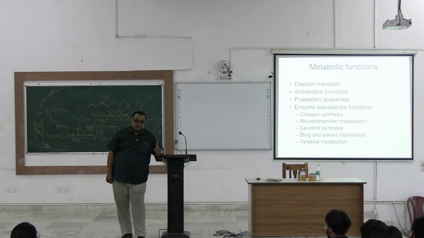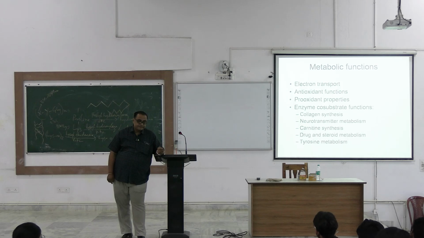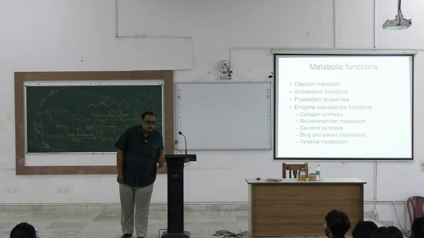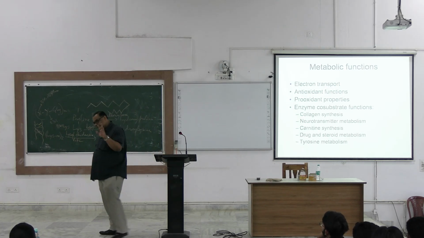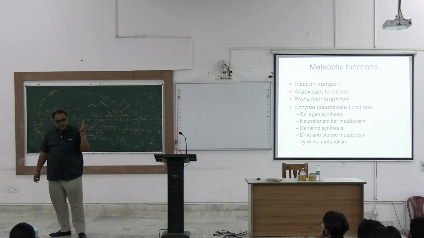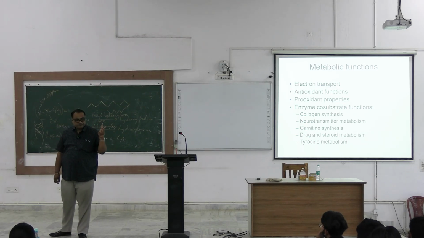Phenylalanine hydroxylase. What is the name of the coenzyme? THB, tetrahydrobiopterin. Tetrahydrobiopterin forms what? Dihydrobiopterin. Similar structure. There are also two hydrogen atoms required.